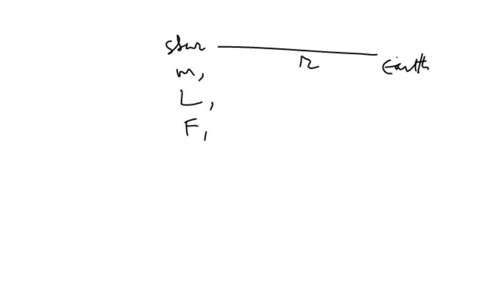These are the properties of the star. Now suppose the same star is moved to a distance of, say, 10 parsec from us.